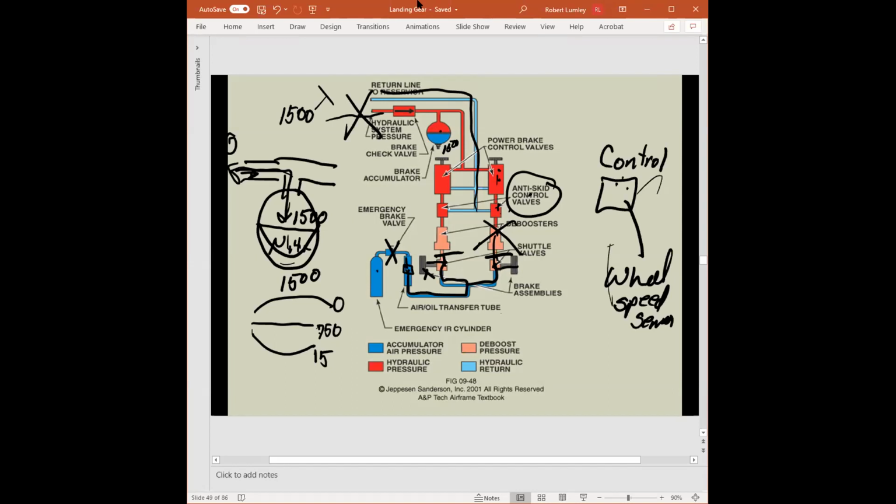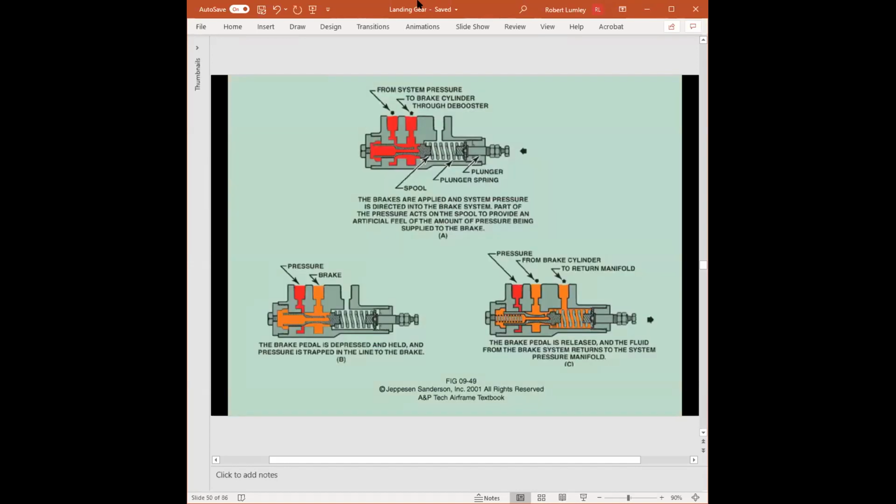Okay. Now, we're going to take a closer look at the power brake control valve. We're going to start over here, okay? This is going to be our number 1. This is the power brake valve, and as it is, it's released. So this is when the pilot has released the brake or has not applied the brake, so no brake pressure going to it.